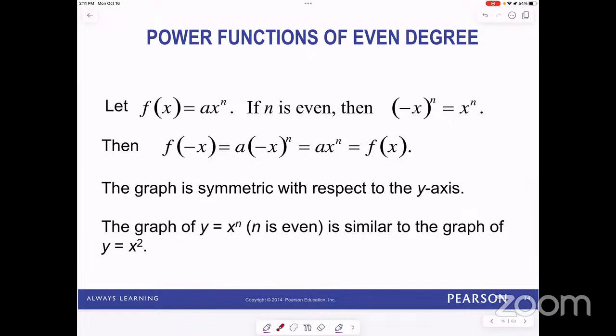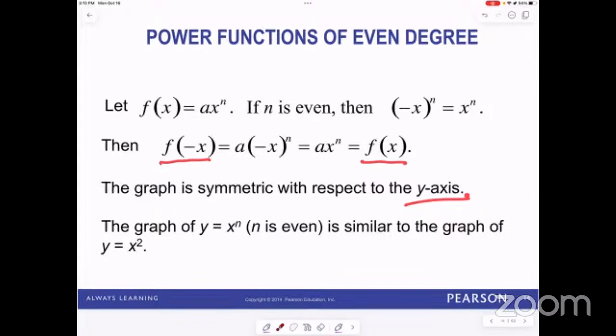So when we evaluate f of negative x, we replace x with negative x and simplify, we get back the original. So f of negative x equals f of x, and that's the definition of a function being even. Even functions are symmetric with respect to the y-axis. The graph of y equals x to the n where n is even is similar to the graph of y equals x squared, okay?